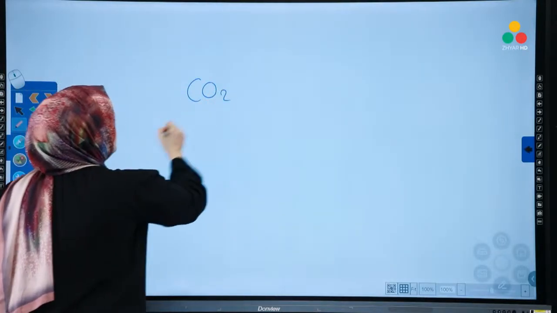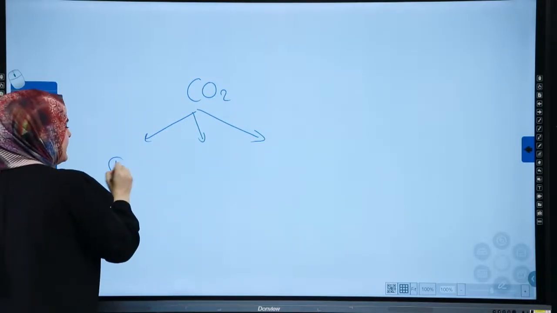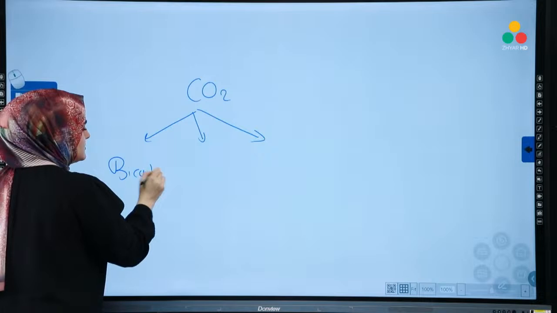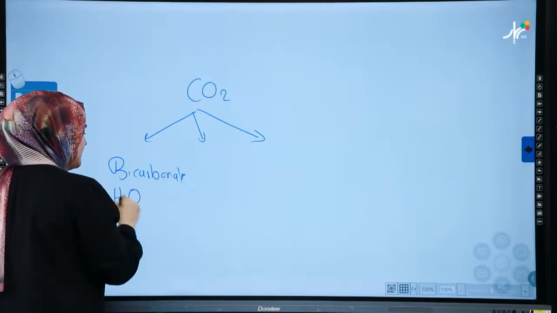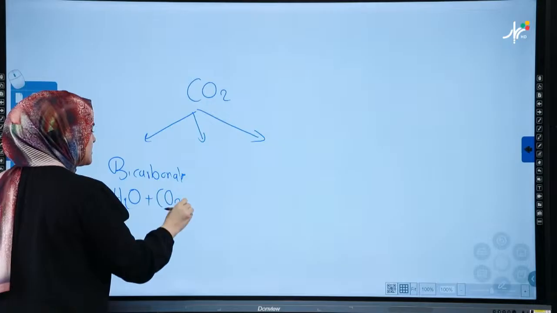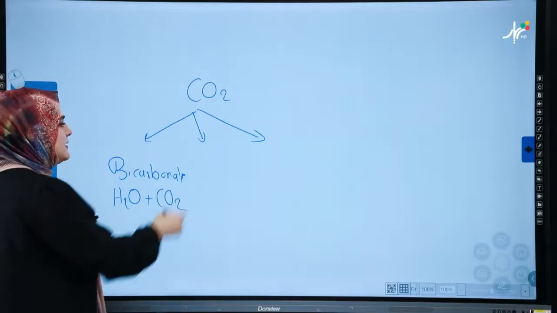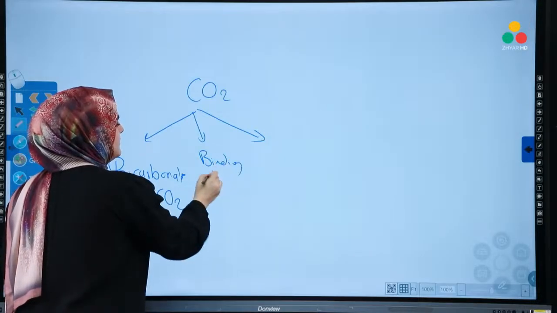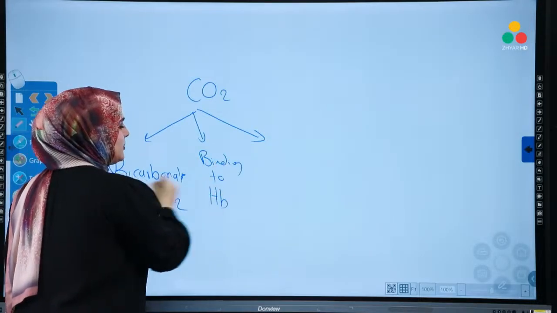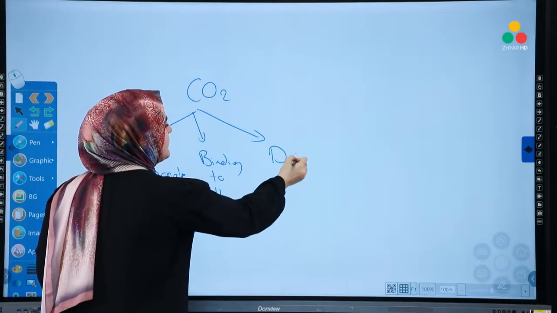CO2 is transported as bicarbonate. Bicarbonate is where H2O in the plasma combines with the CO2 and creates bicarbonic acid and bicarbonate. And then it's attaching or binding to hemoglobin. And then we also have it dissolved in plasma.